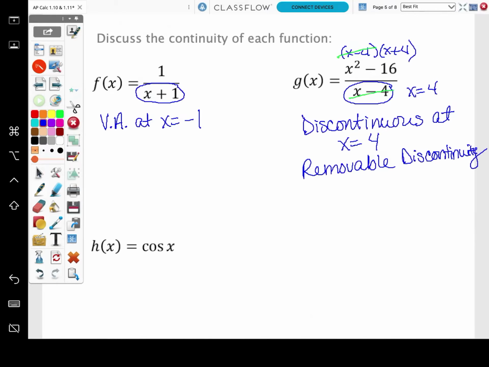Okay, what about h of x down here? Cosine x. Is there a radical? No. Is there division? No. Is cosine x continuous all the time? Yes. So we can say continuous. That's not how you spell continuous.